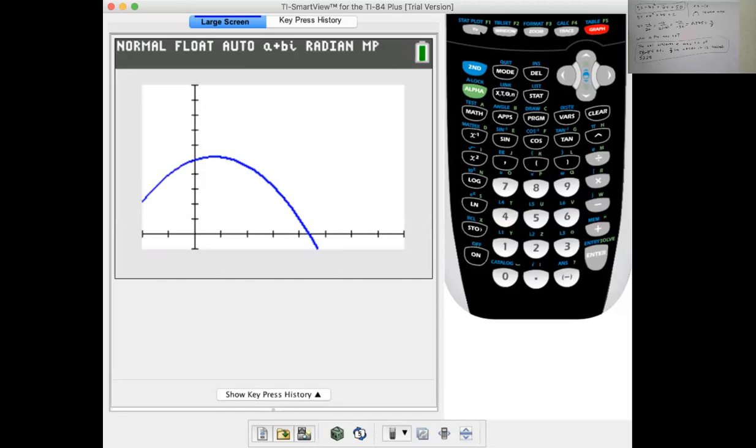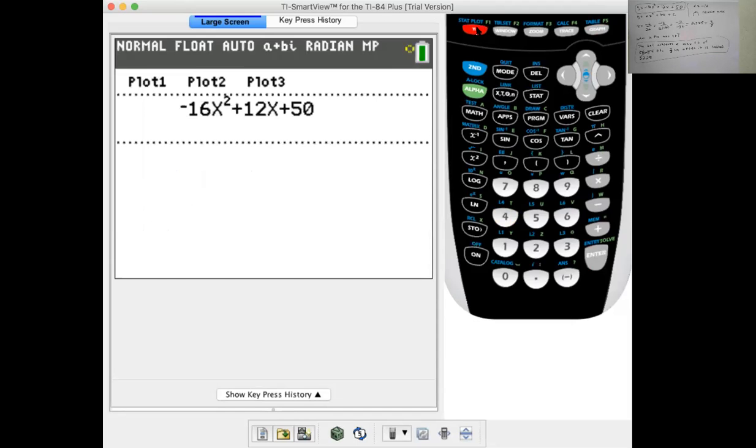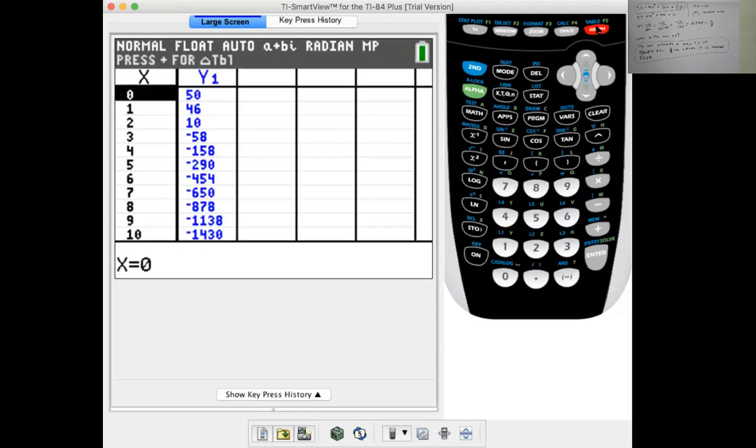So what do we have? Negative 16x squared plus 12x plus 50. We can look at our table as we did before, right? And we see between 2 and 3 seconds, it should get to 0. So where's my graph?